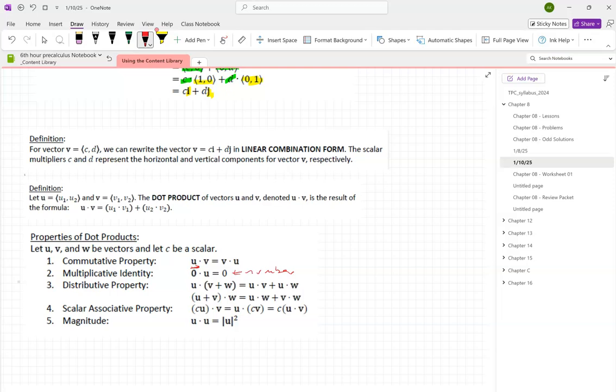And the last one is that the dot product of a vector with itself is just the same as the magnitude of that vector squared.